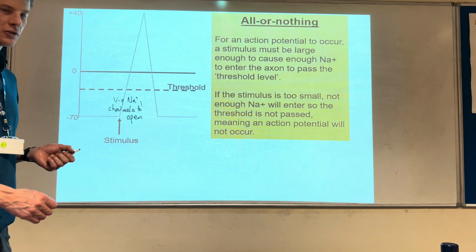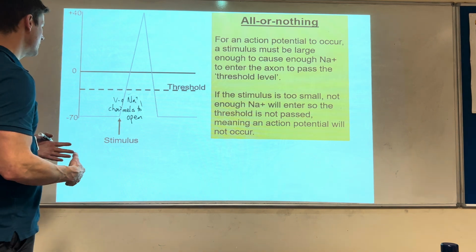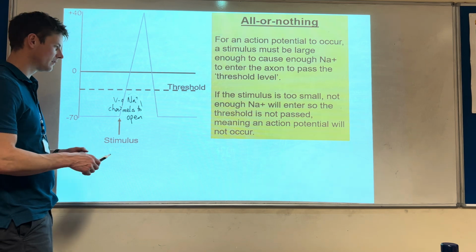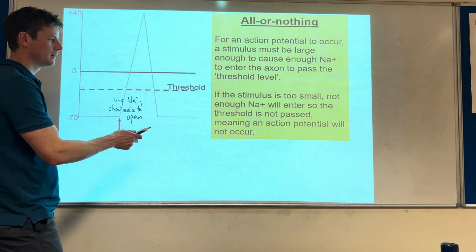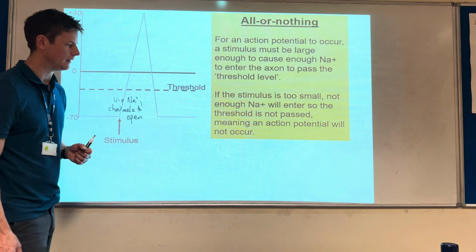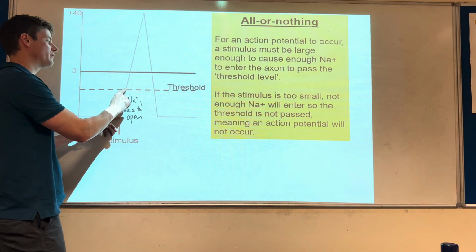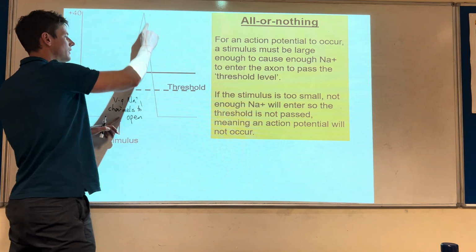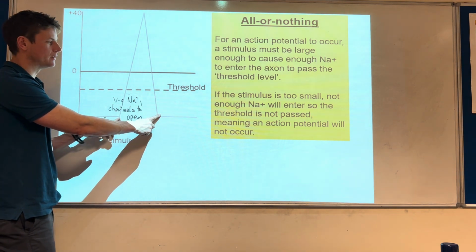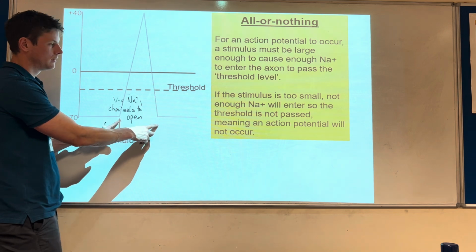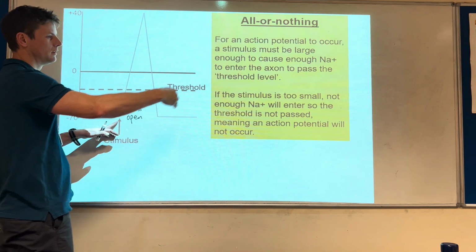If the stimulus is too small, there won't be enough sodium ions diffusing in. The threshold will not be passed, meaning an action potential will not occur. So all means the threshold is reached, we get a complete action potential. Nothing, no threshold, no action potential, no transmission.